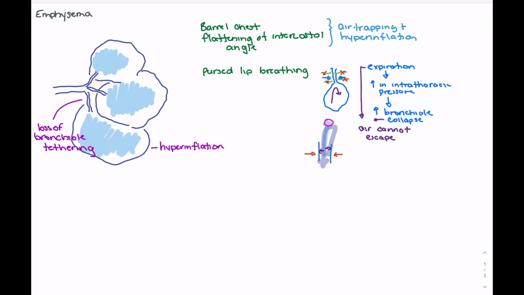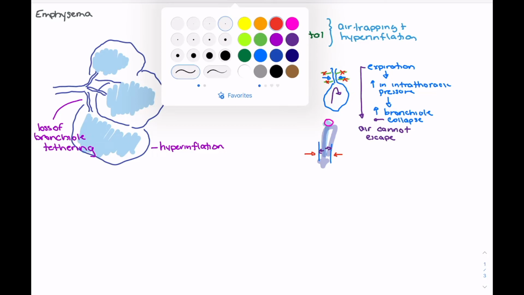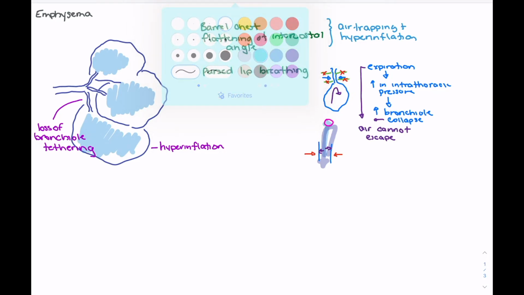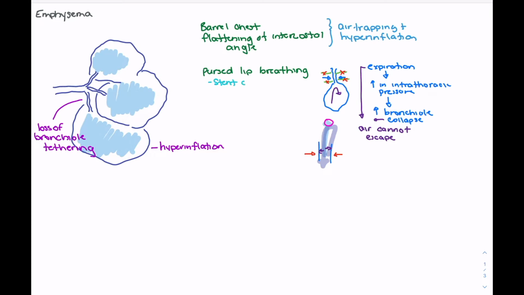So when we look at pursed lip breathing, the function of pursed lip breathing is to stent open the bronchioles. The benefit of that is that we're hopefully going to be able to expire more.